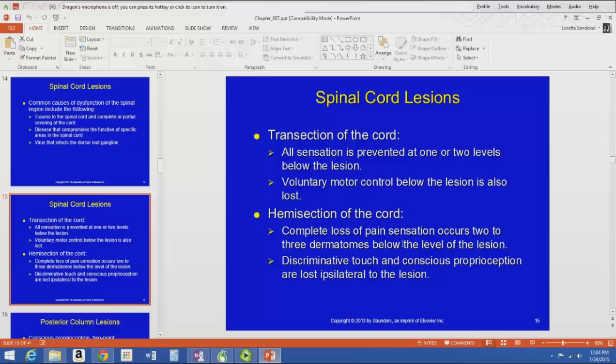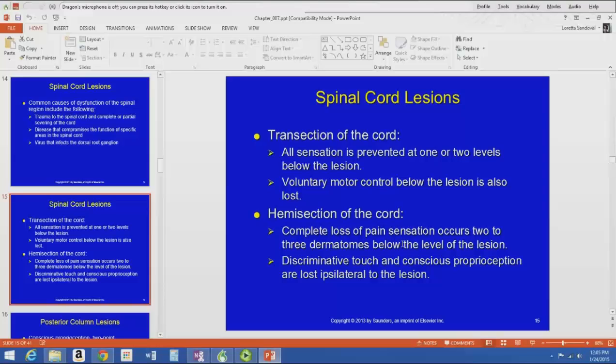You also lose voluntary motor control, because even though we're talking about sensory right now, they're also the motor nerves, and they all travel through the spinal cord. And so when you transection the cord, meaning a complete spinal cord lesion, you lose sensation and motor control below the level of the lesion.